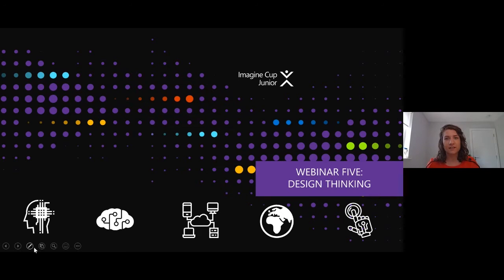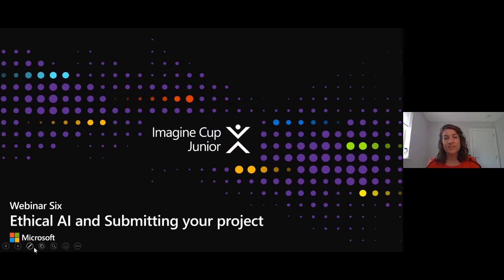So today then, what we want to look at is the last 2 aspects that are going to be important for you before you get your project submitted by your teachers. And that is to make sure that your AI project is ethical. There are ethical principles we wanted to make sure you're aware of and talk about, so that when you go back to your project after today, you can check, are these principles included?